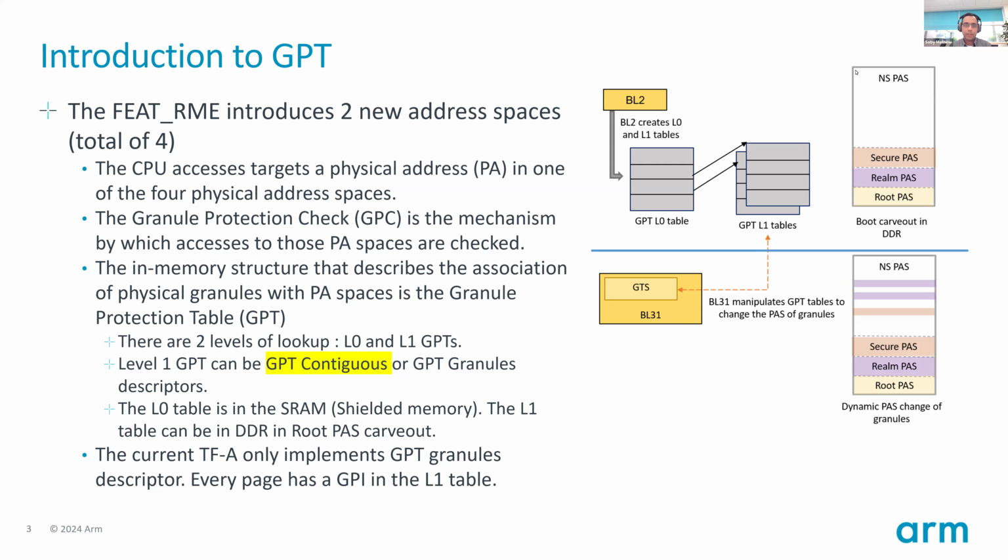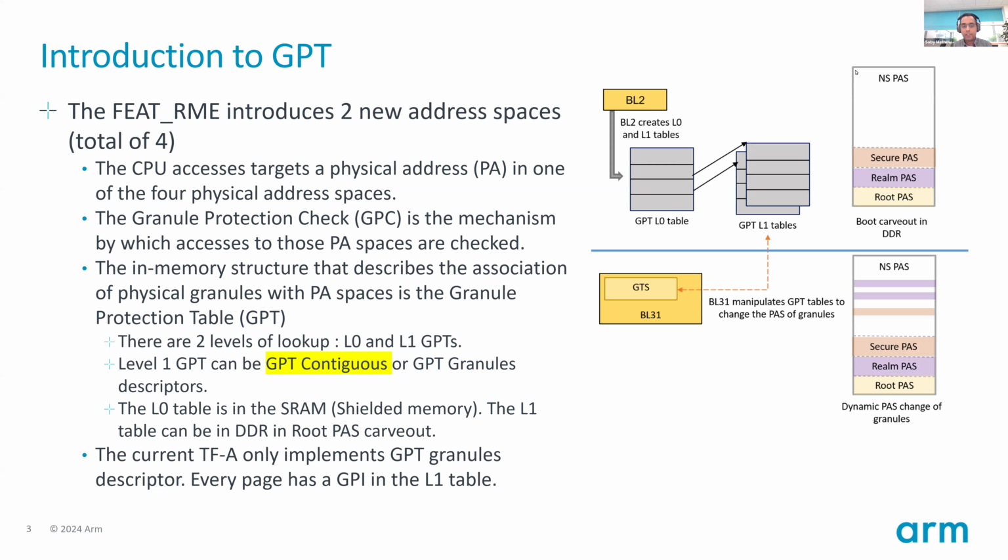Any access that the CPU makes targets a physical address in one of the 4 physical address spaces. Granular protection check, or GPC, is a mechanism by which accesses to those physical address spaces are checked. To do this checking, there is an in-memory data structure that describes the association of a physical address page with the PA space, and that is known as the granular protection table.